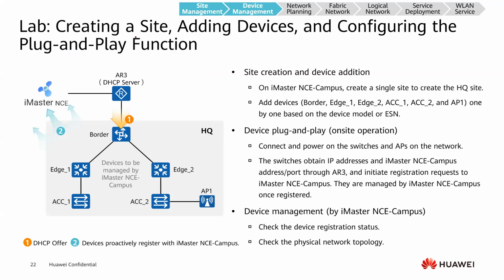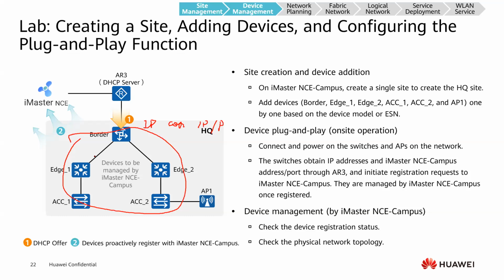In our experiment, we just create the site singly. That means you manually create a site and then you add the devices by model or by ESN one by one to the controller. When these switches are powered on, they will get the controller's IP address and port from the DHCP server, right?